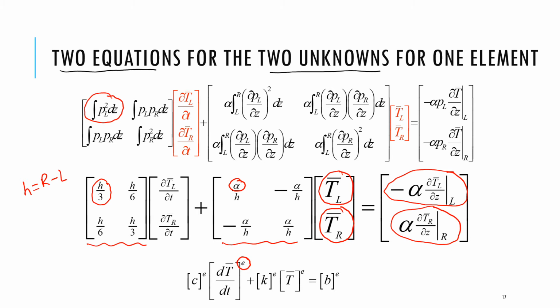This array of the derivatives I write as the dt dt matrix, this I write as the C matrix, this as the K matrix, and this is again the T matrix, and then this is my right hand side. So this is my equation for one element. We're going to see that it looks similar when we collect for all the elements.